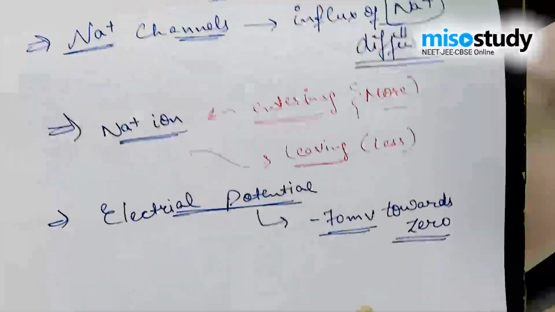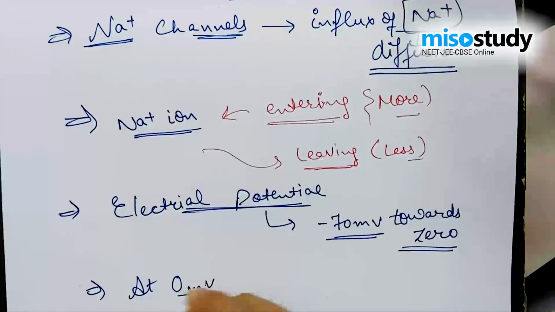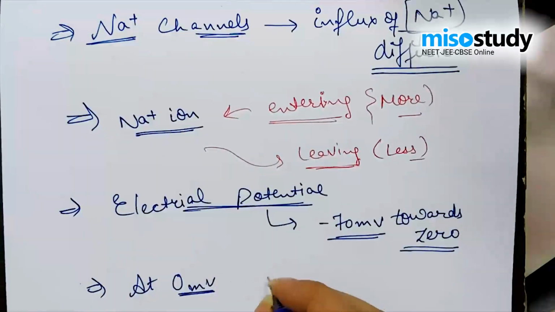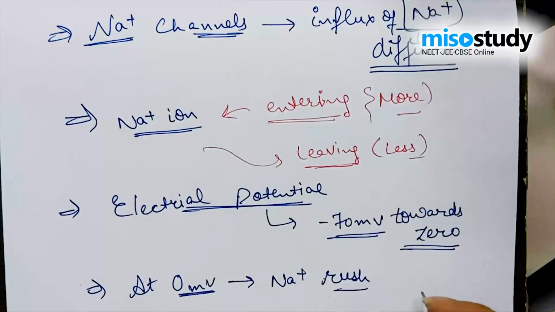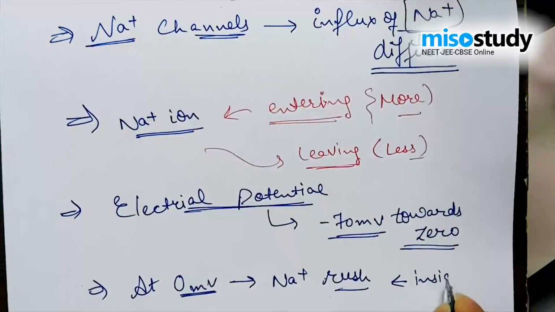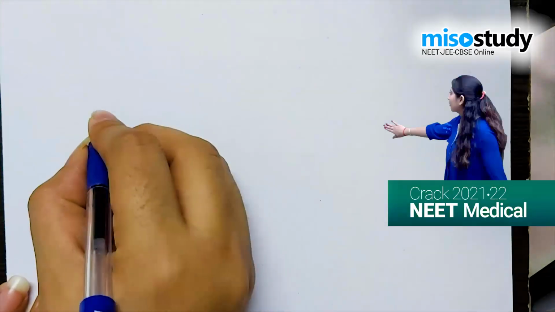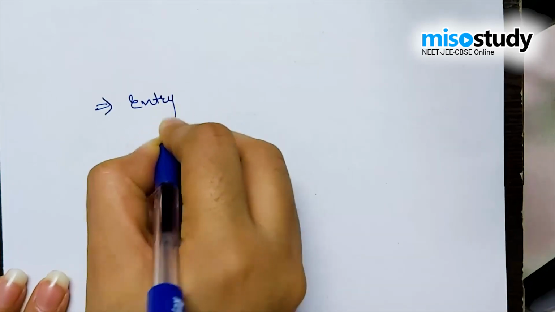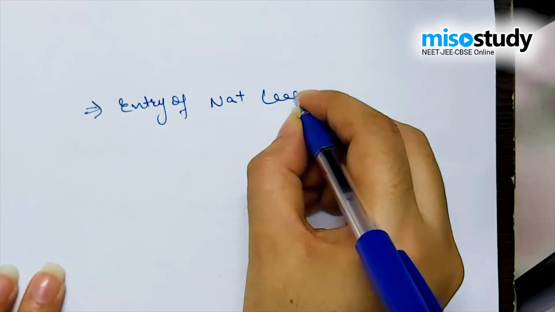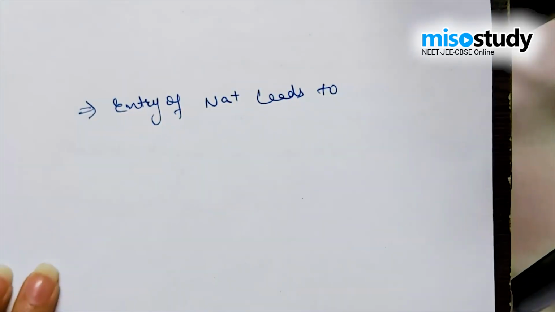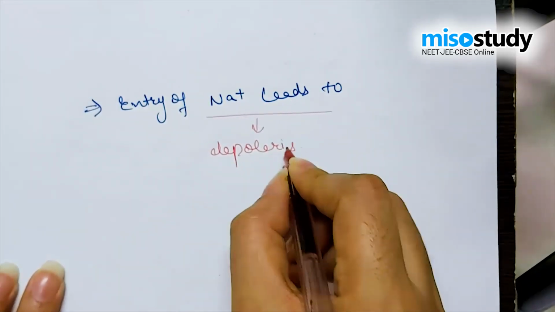At 0 mV, the Na plus ions continue to rush towards the inside of the cell. And more and more entry of Na plus ions leads to the condition that is also known as depolarization.